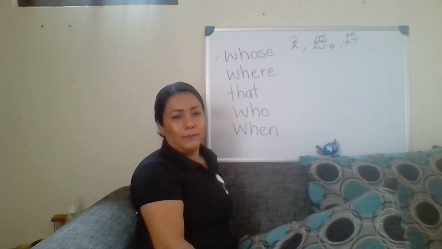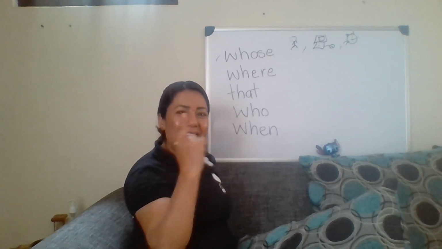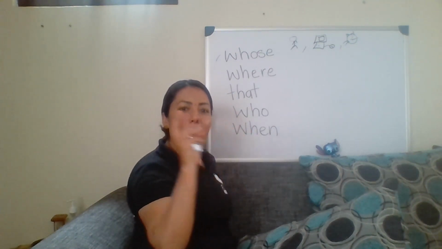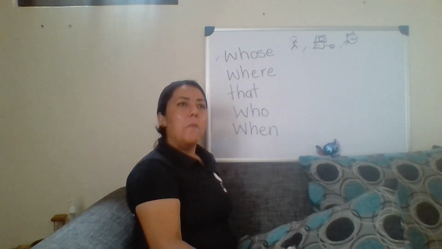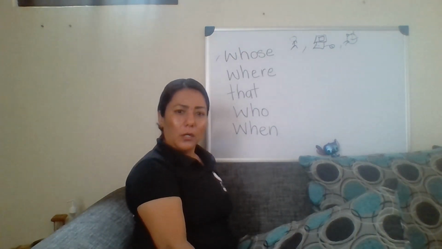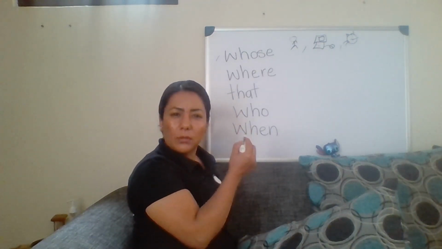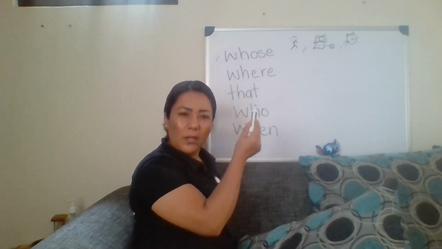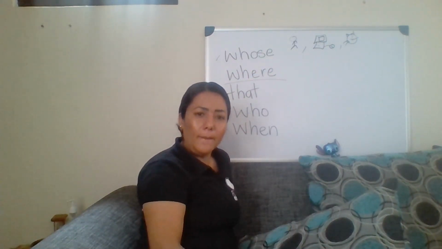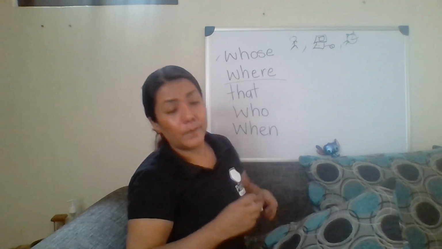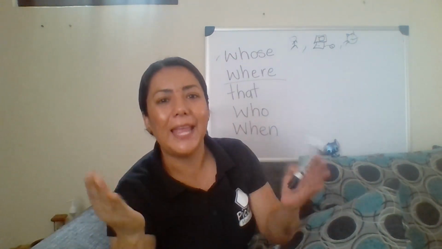Now, where? December, I'm talking about time, a month, some time period. December is the month where I celebrate. Is that correct? Where? Can we talk about time when we use the word where? Where is about place.